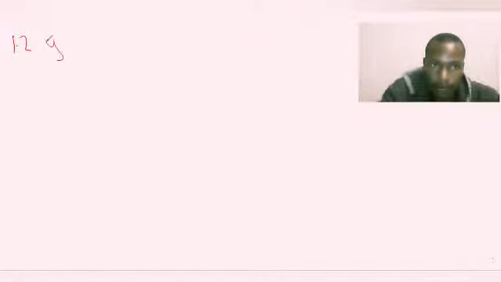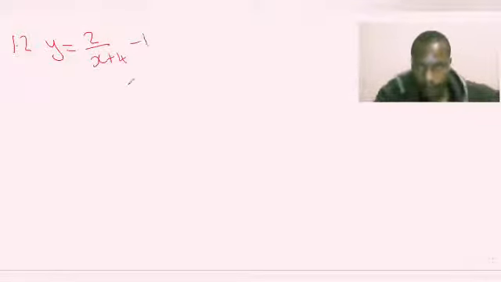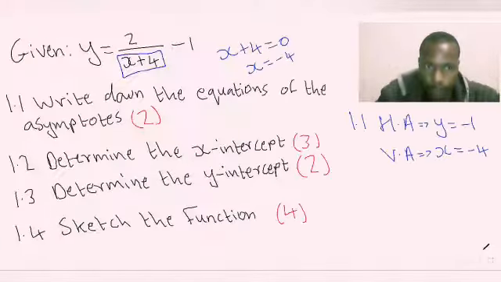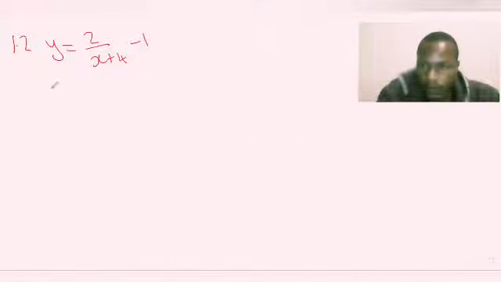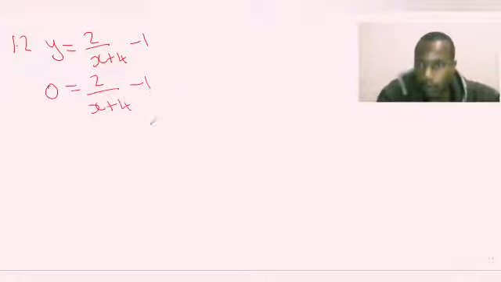So y equals 2 divided by x plus 4, minus 1. Going back to the question, it wants us to determine the x-intercept. For the x-intercept, we need to let y equal 0, and we would then need to solve for x.